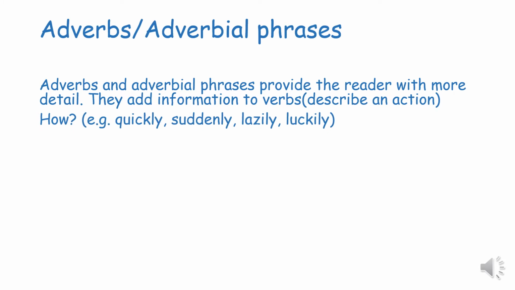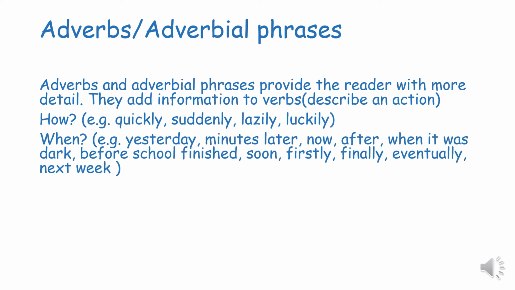For example, how: quickly, could be suddenly, could be lazily, luckily. When, for example: yesterday, minutes later, now, after, when it was dark, before school finished, soon, firstly, finally, eventually, next week.